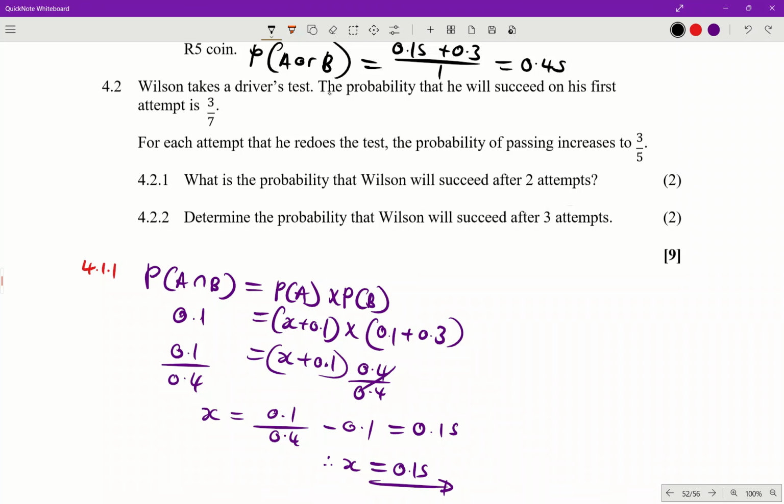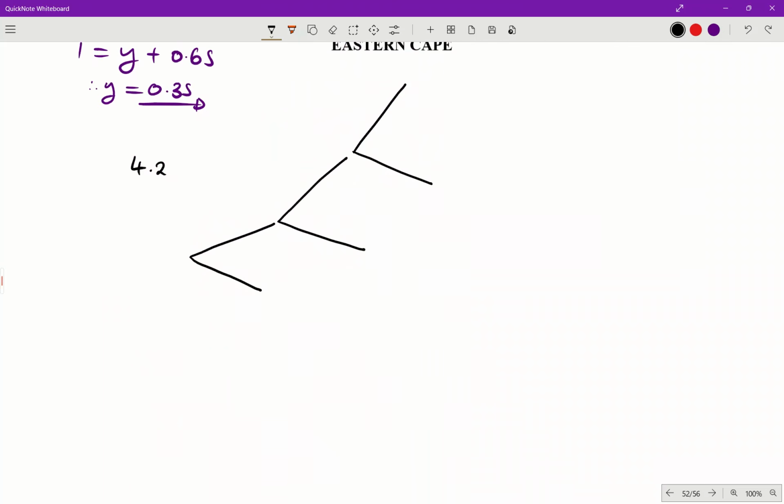Wilson takes a driver test. The probability that he will succeed on his first attempt is 3/7. So you place it here. The probability of succeeding is simply 3/7. So now, of not succeeding, I'm just gonna say not. You know this complementary rule, guys.